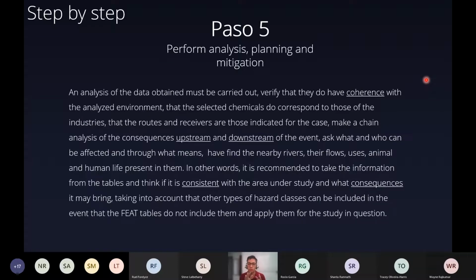So you should also consider this. What are the consequences around, if there are hospitals, schools, any settlements that could be affected, or any protected areas. You should also always check what is around, and with this information from the FEAT, make a more in-depth analysis.